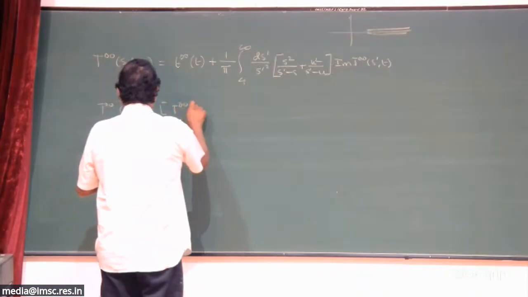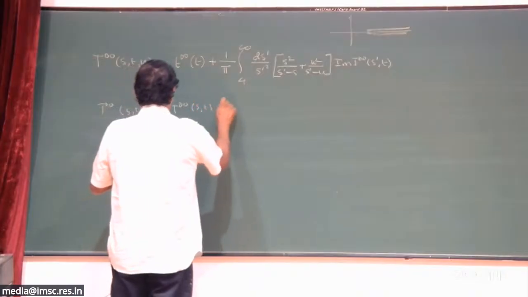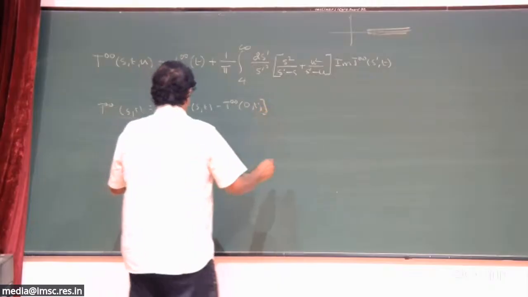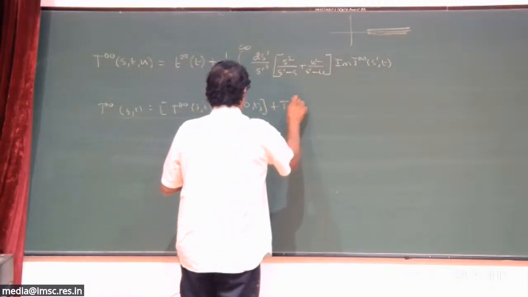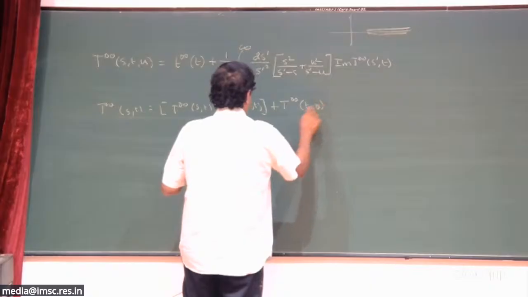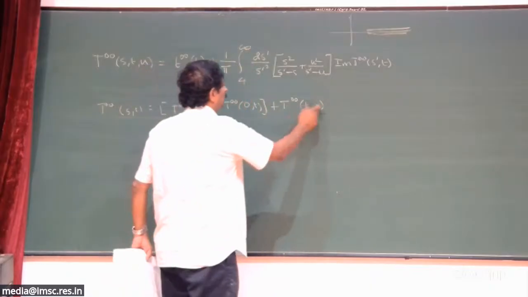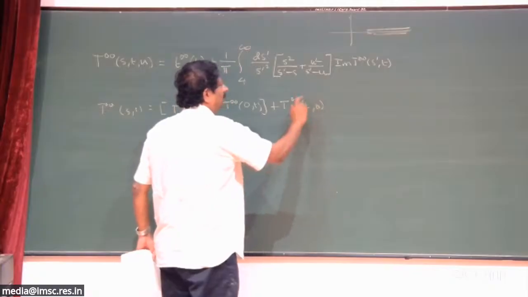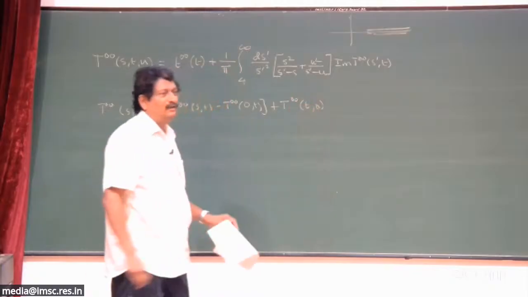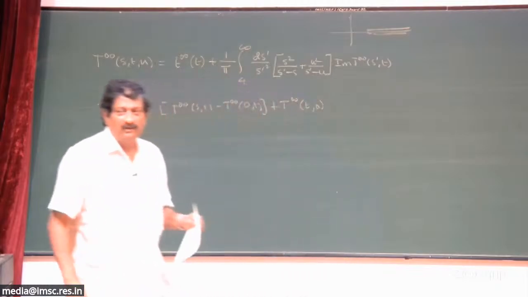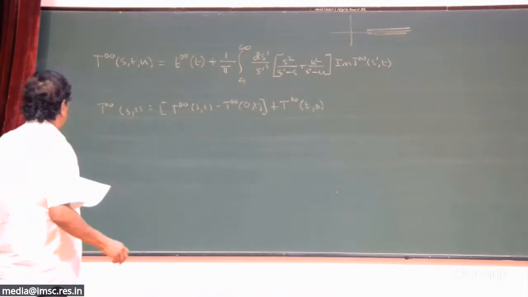So even he knows that you can add and subtract T00 of 0 comma t, and let me add T00 of t comma 0. Because this thing is fully symmetric, it should have been 0 comma t, but I can interchange this and write it as t comma 0, where I'm using the full symmetry under the exchange of S, T, and U.